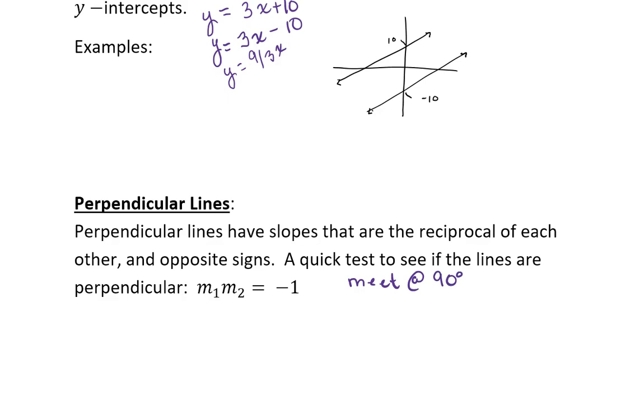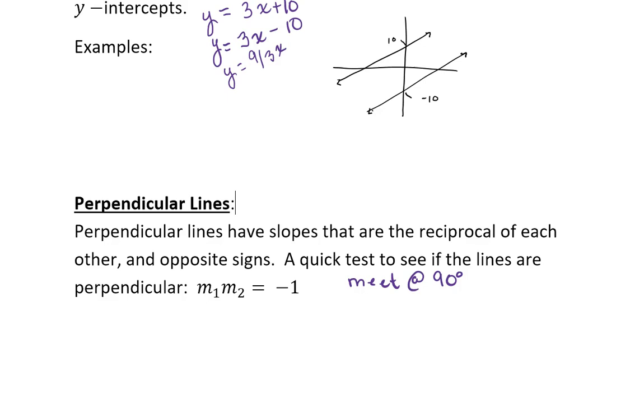Perpendicular lines have slopes that are reciprocals of each other with opposing signs. A super quick way to test whether something is a perpendicular line: take your slope from the first line and your slope from your second line and multiply them together. If you get a -1, you actually have a perpendicular line.